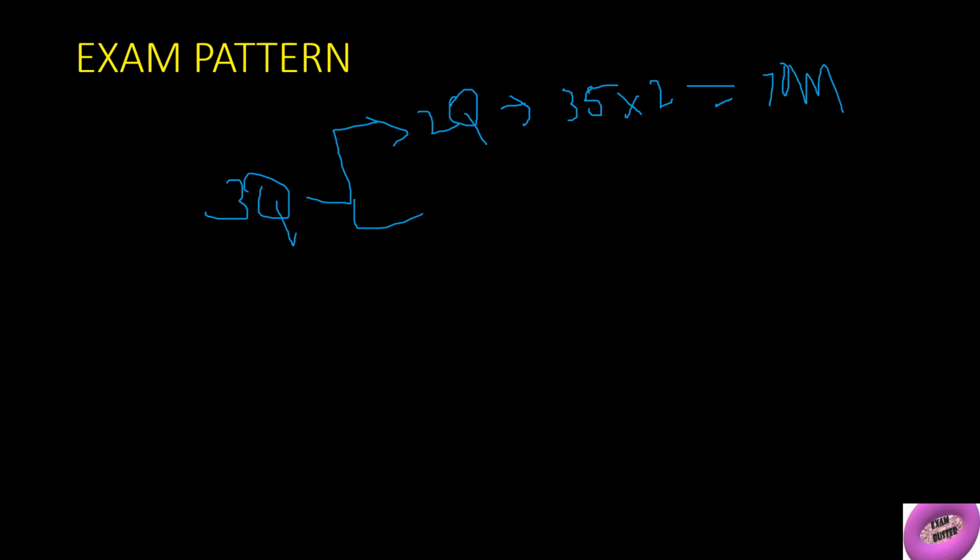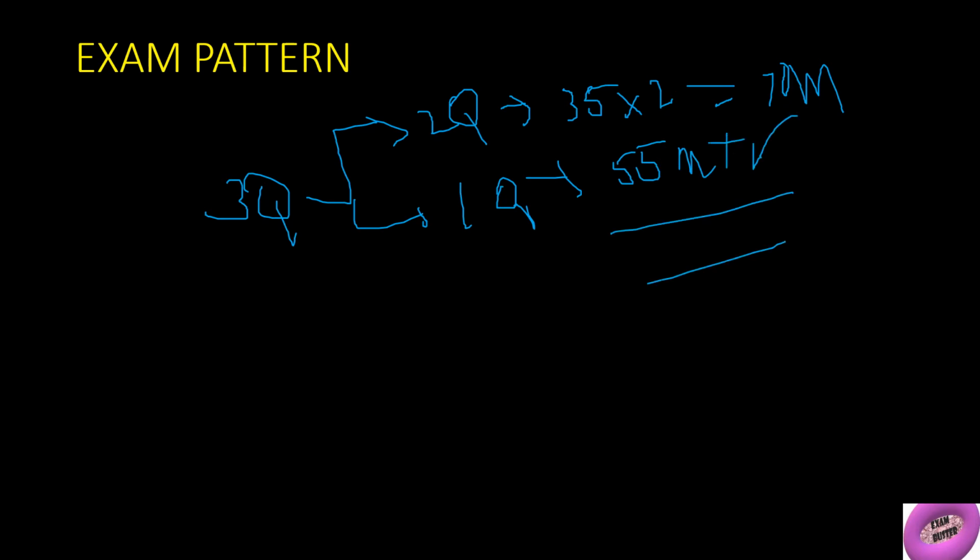The remaining 1 question is asked for 55 marks. Total 70 plus 55 is equal to 125 marks.